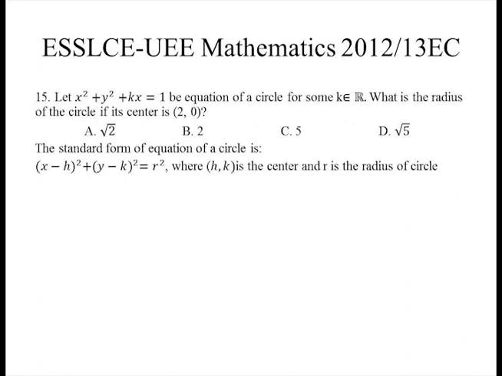So the given equation can be rewritten in the form of the standard equation: x squared plus y squared plus kx is equal to 1.